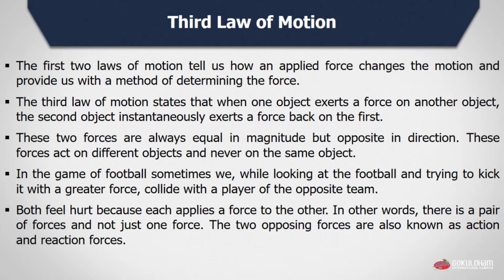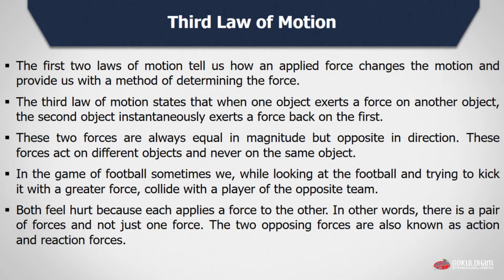The first two laws of motion tell us how an applied force changes the motion of an object and provide us with a method of determining the force. The third law of motion states that when one object exerts a force on another object, the second object instantaneously exerts a force back on the first.